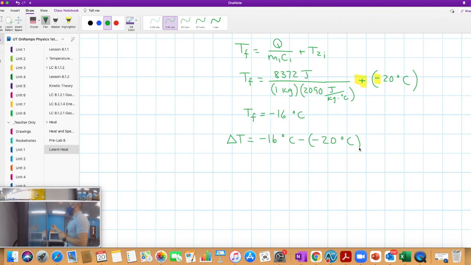That'll be a plus. Negative 16 degrees Celsius plus 20 degrees Celsius. So change in temperature equals 4 degrees Celsius. There you go.